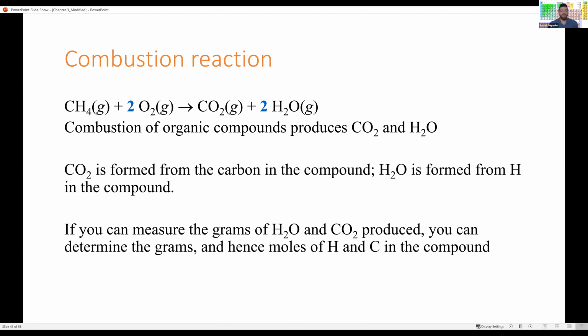The first rule is that combustion really entails the combustion of organic compounds. So you're dealing with methane, propane, butane, things like that, which are usually organic gases. Then you add oxygen to them, all the time it's O2. Then they react to produce, all the time, CO2 and H2O to some extent, and heat.